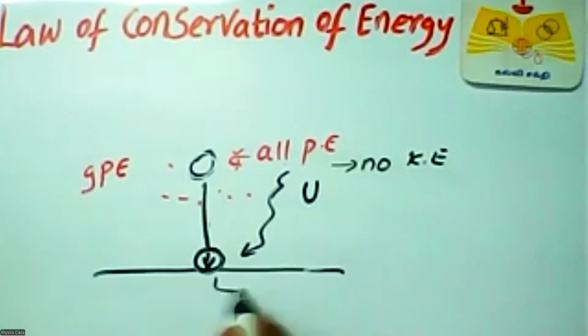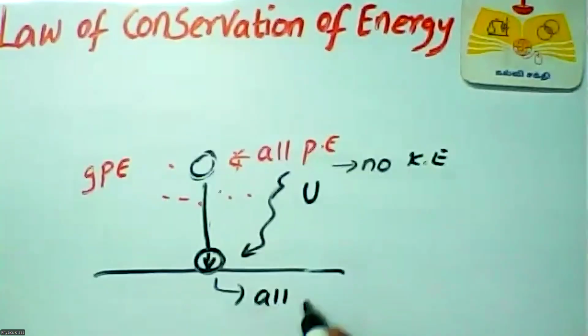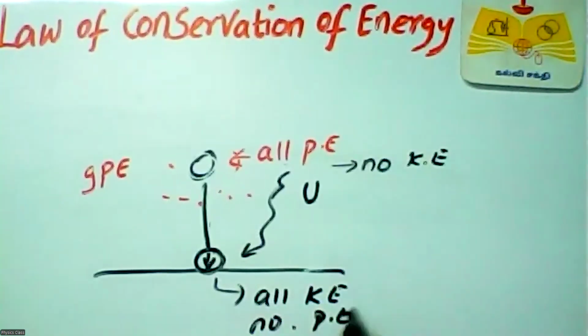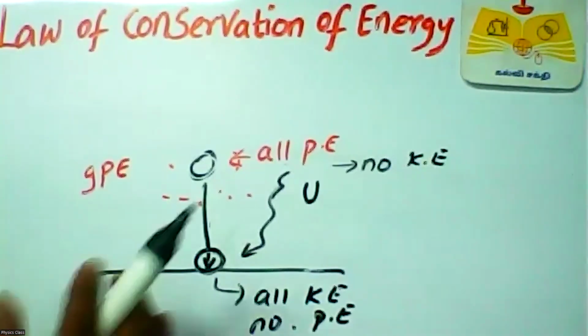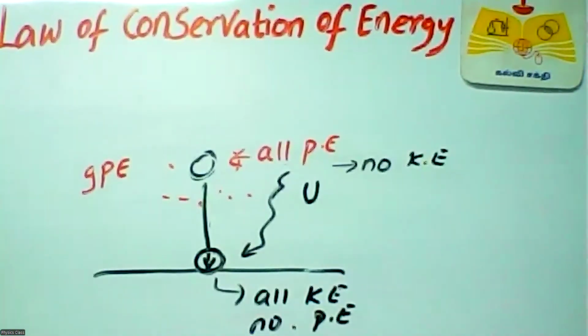So here there is only kinetic energy, no potential energy. What we saw is that potential energy all gets transformed into kinetic energy once the ball touches the ground.